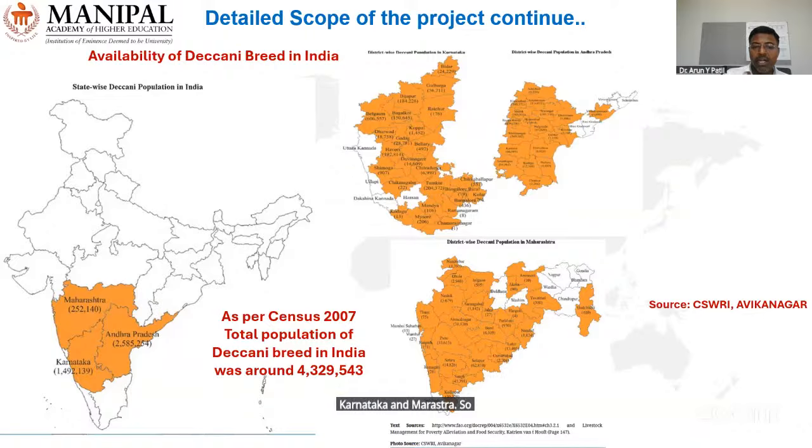This breed has more than 4.4 million population as per the 2007 census, because after that they have not done any census for this breed. So there is a huge population. The only worrying factor is people are not able to use it in a better way. It is being thrown away as waste.